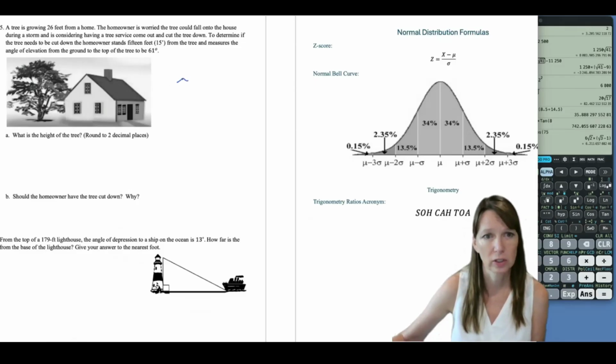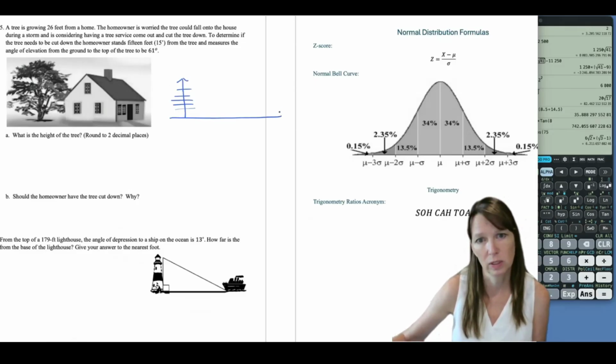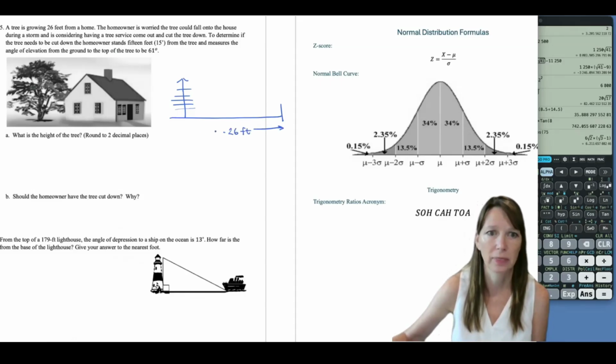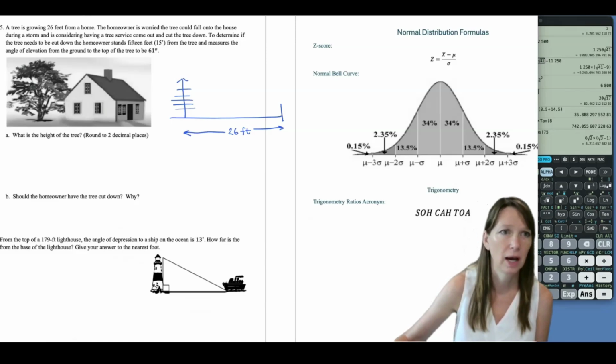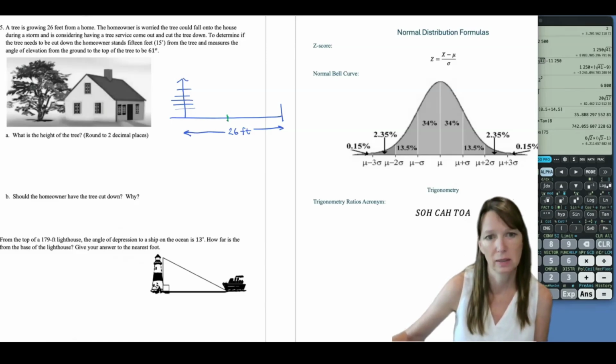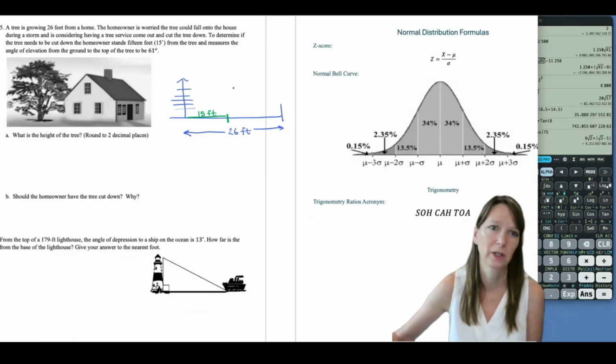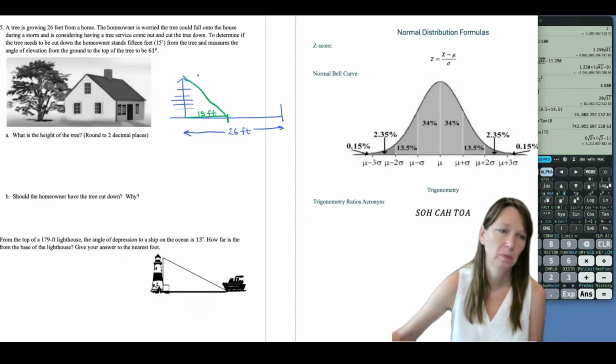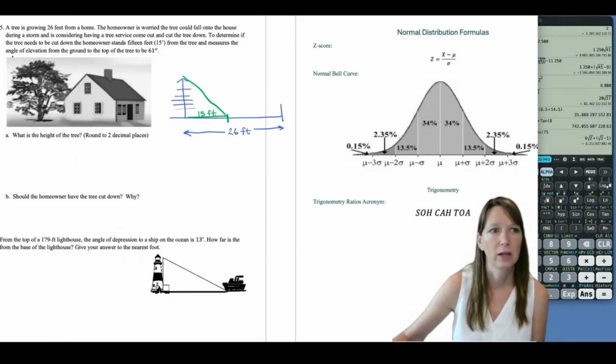So you've got your tree here, and even though we know that the house is 26 feet away, that's not the angle that I'm dealing with. I'm standing a little bit closer to the tree, 15 feet away from the tree, or the homeowner is, and looking up, okay, for an angle of elevation from the ground.